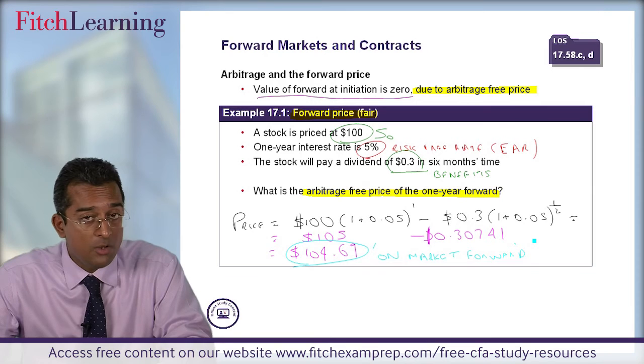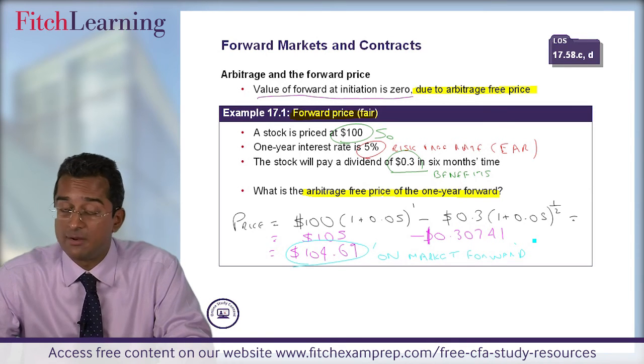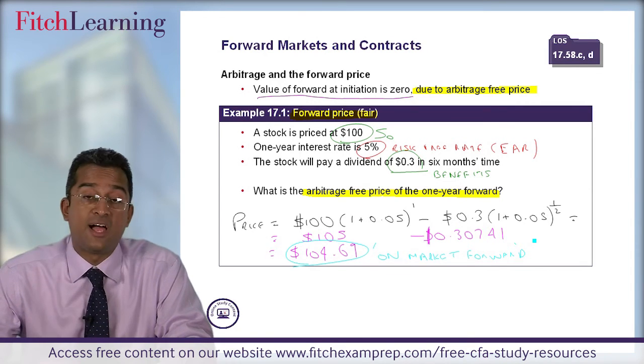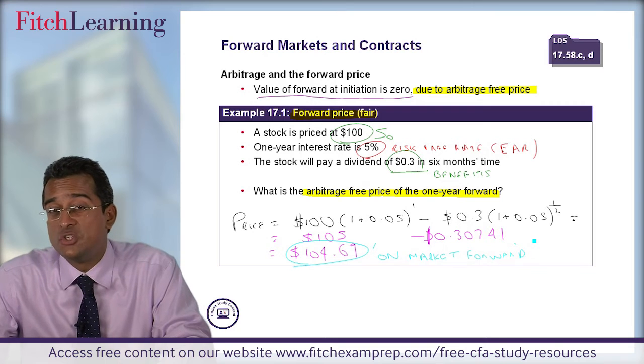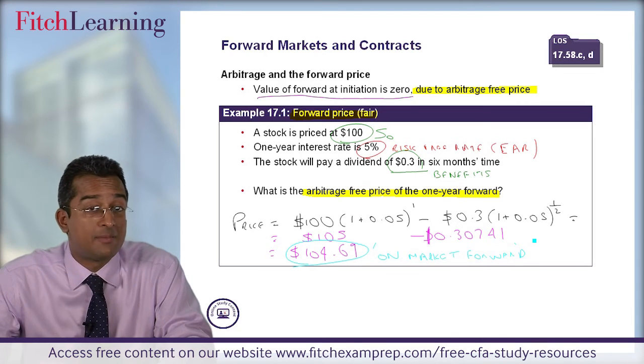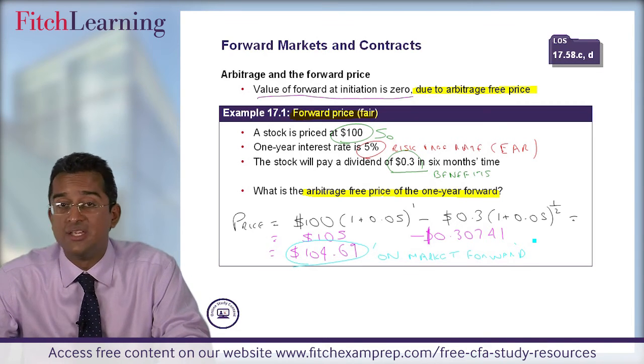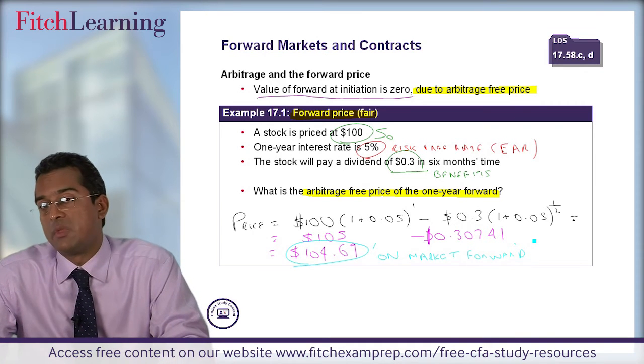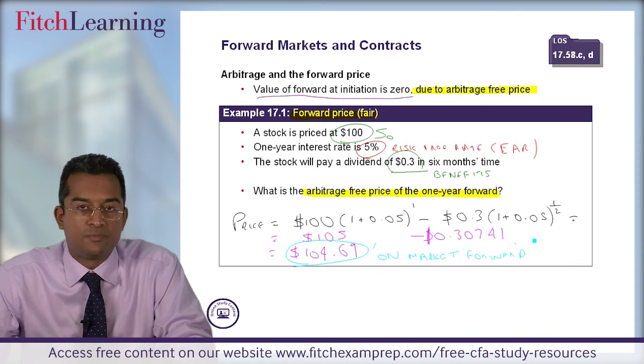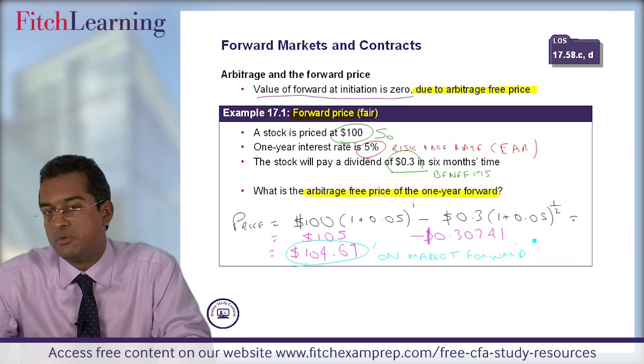It's an off-market forward because the initial contract value is not zero. It would actually be a positive value of about 69 cents to the buyer, but they would compensate the seller by paying 69 cents initially, and that would make everybody happy. That would make it as good as being an original on-market forward.